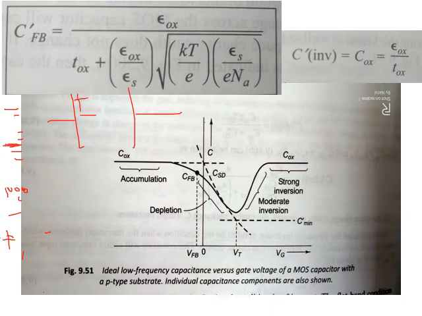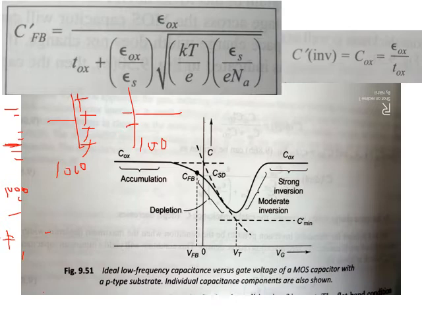Here there are say 1000 charges, but if there are only 100 charges, that means it is moderate inversion, right? So the capacitance will be low. Why will it be low? Because we don't have sufficient charges, not equal charges.